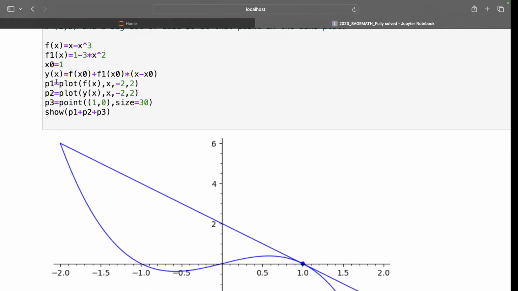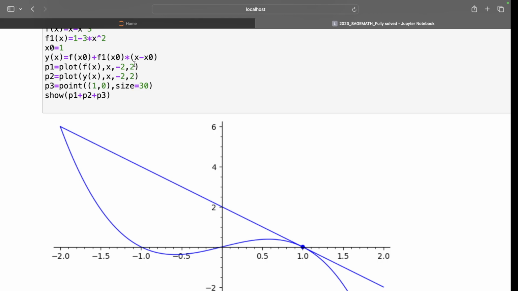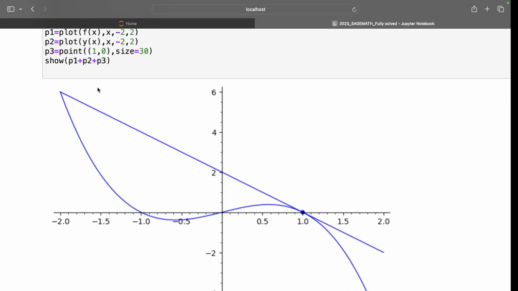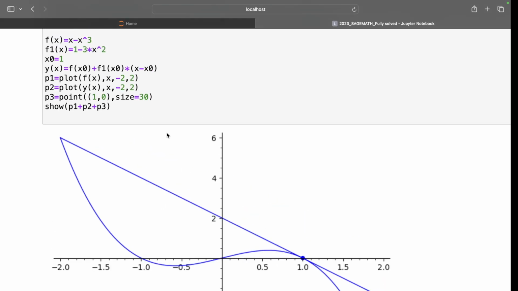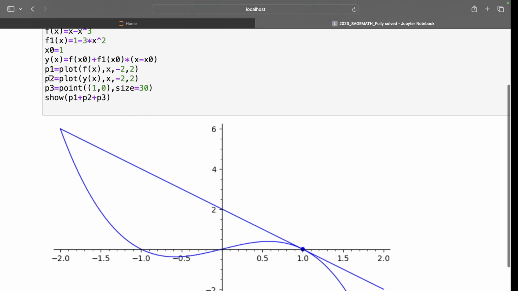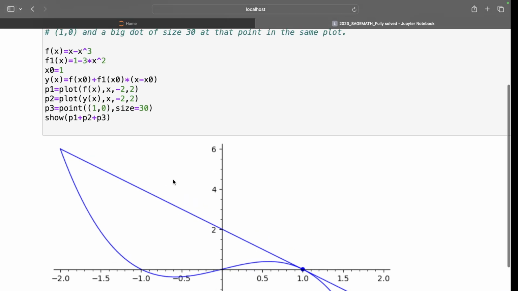So plot y(x). P1 is the plot of f(x), the curve, and P2 is the plot of the tangent at this point. This is the point (1, 0).